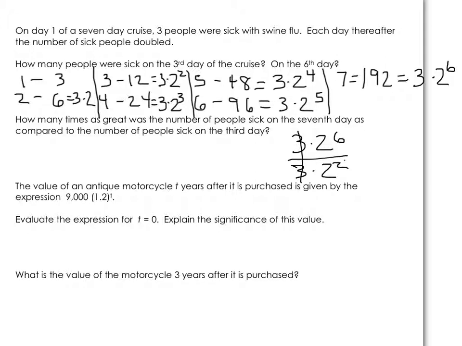The 3's cancel, and we have 2 to the 6 minus 2, or 2 to the 4th. How many times greater is the number of people on day 7 versus day 3? 2 to the 4th.